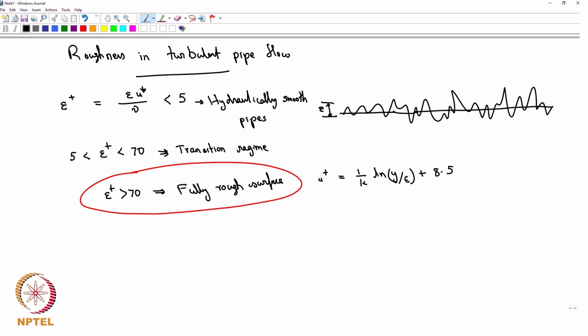Okay, that might be true. So in fact what we are saying is that epsilon, you are saying, is 7d. So you basically see that the wall layer is so thin that parts of your overlap layer are occupied by the crest itself of the roughness, or maybe all the way up to there.